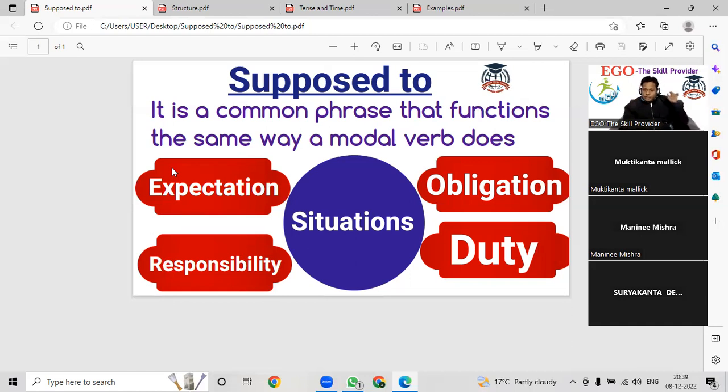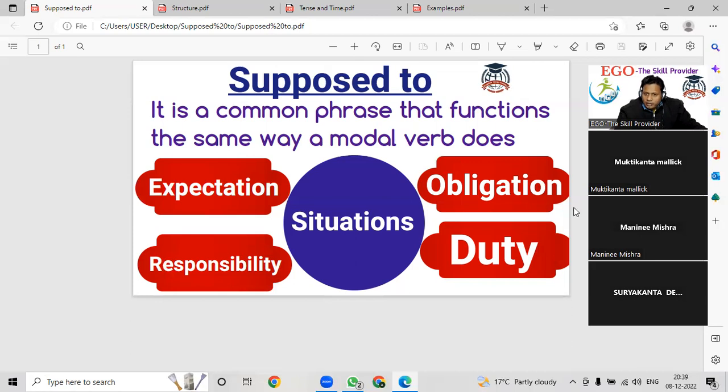There are two words, supposed and to. This is called a phrase, and this phrase has a different meaning altogether. Got it? So you can use it in different situations. I have already highlighted them in red: expectation, obligation, responsibility, and duty.